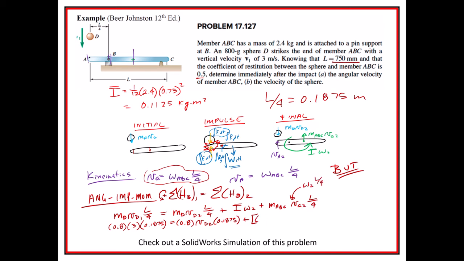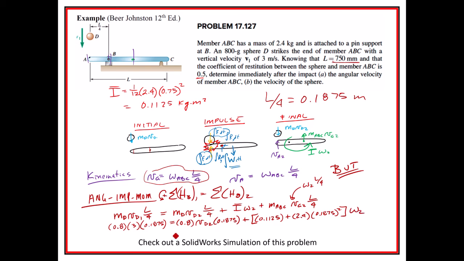So we'll take the I that we got up above, 0.1125, plus the mass, which is 2.4 of the rod, and we're moving it L over 4, so 0.1875 squared, right? Because that's the parallel axis theorem to get right there. And that's going to be omega 2.